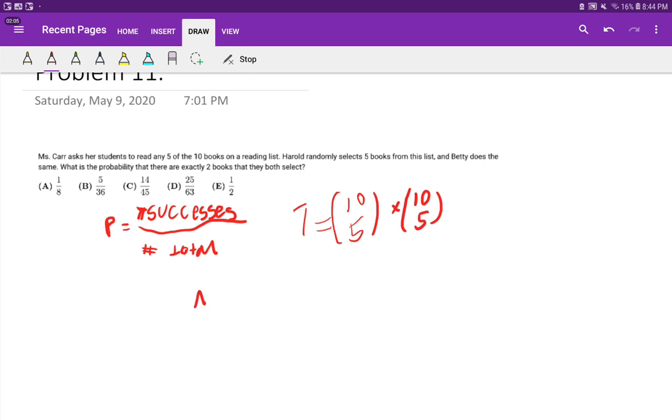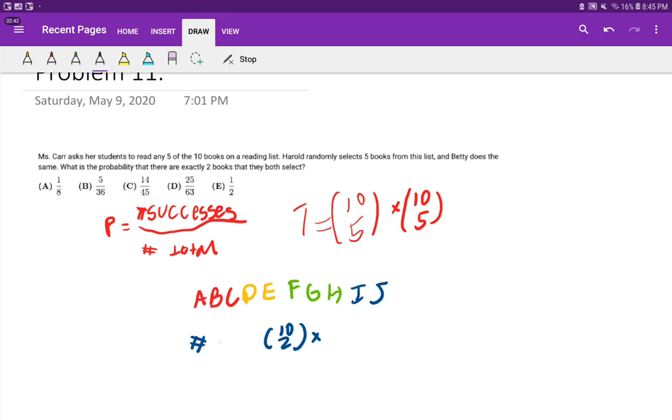A, B, C, D, E, F, G, H, I, J. So we first need to choose 2 of those books that will not be included in the books that they read. Because if there are 2 books that they both select, in total they will read 8 books, meaning that there will be 2 left over. The number of ways to do this is 10 choose 2.